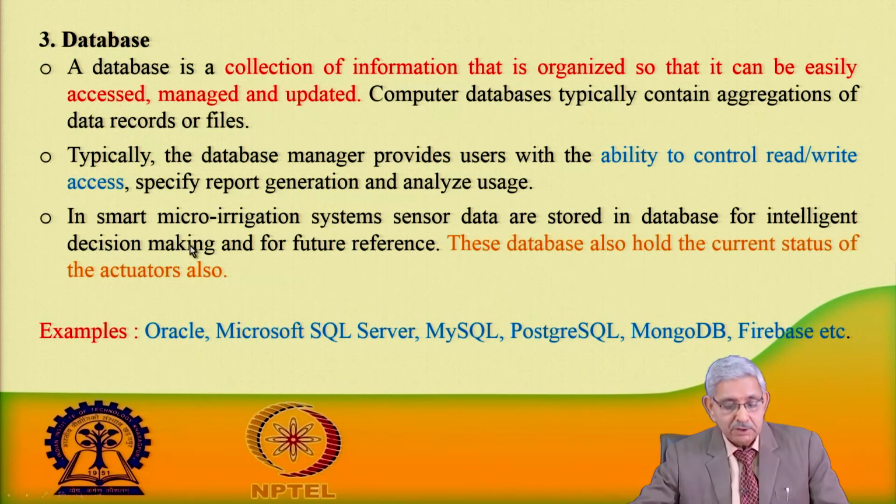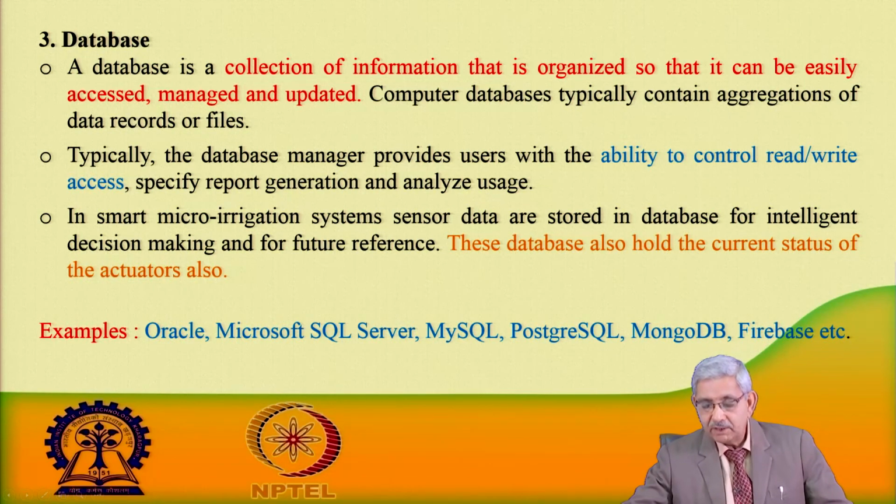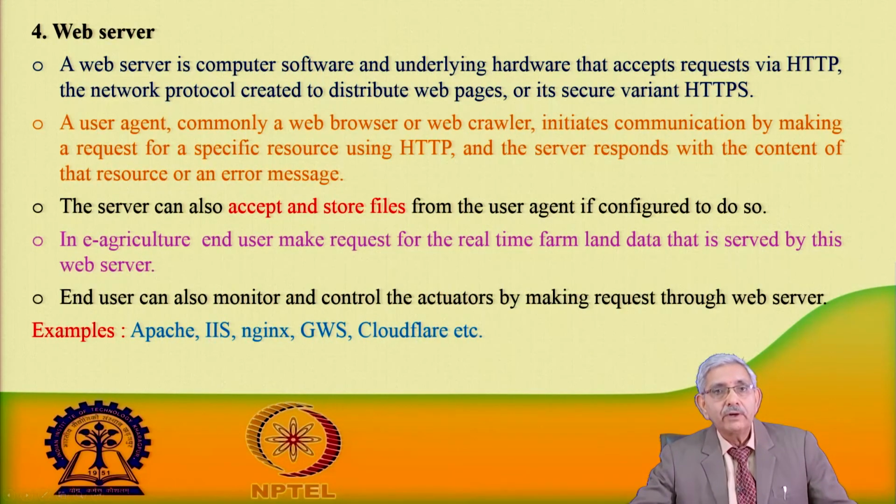In smart irrigation and micro irrigation systems, sensor data are stored in the database for intelligent decision making and for future reference. The database also holds the current status of actuators. Examples are Oracle, Microsoft SQL Server, MySQL Server. These are the different servers which can be used for database storage.